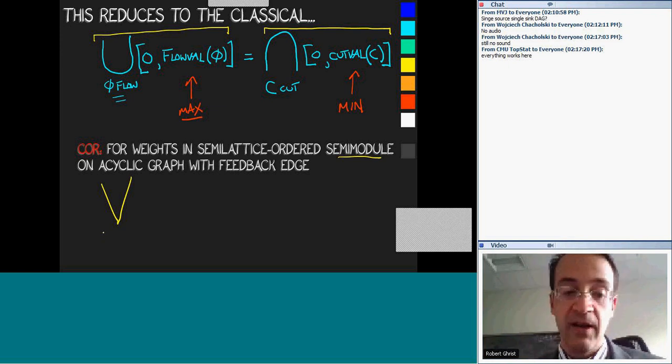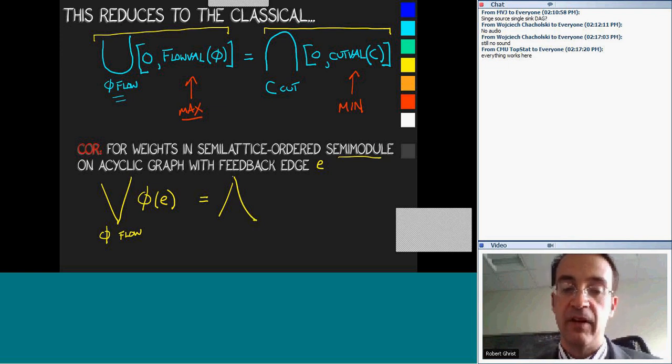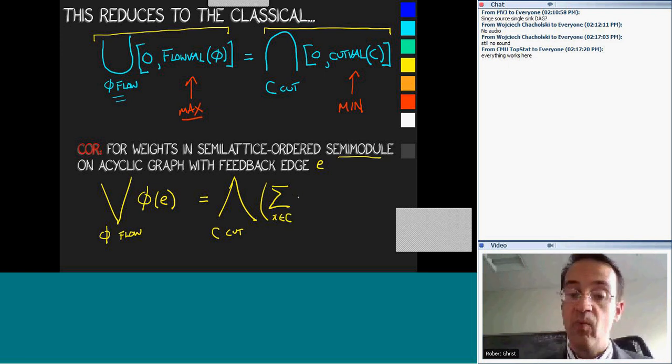We can take the join in the lattice over all flows of the value of flow on the feedback edge, E, and say that that is precisely equal to lattice theoretic intersection, or meet, over all cuts of the elements in the cut, all of the edges in the cut, of the weight of that edge.